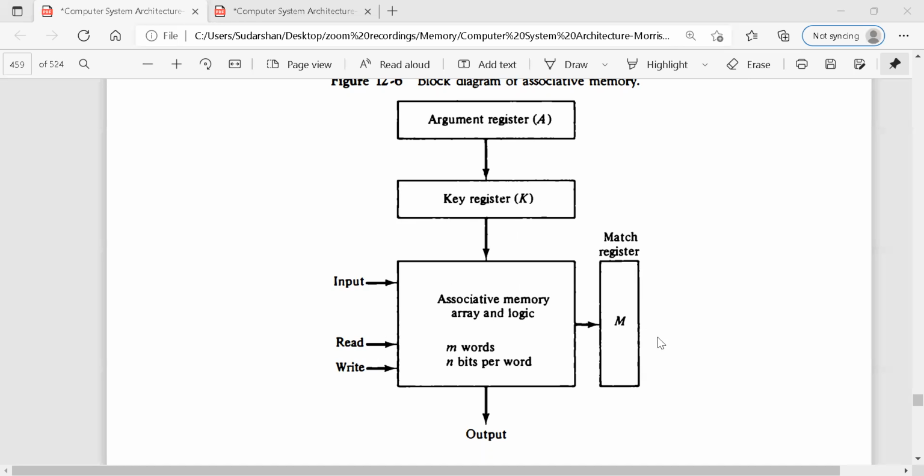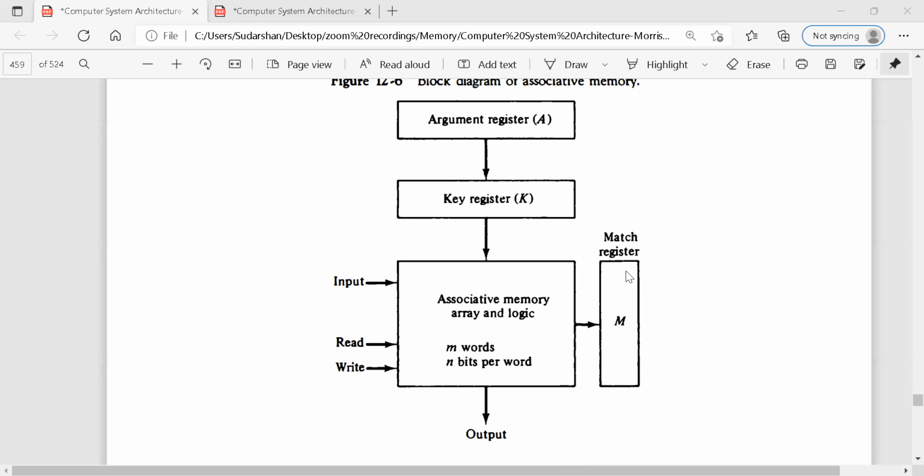The match register will be an m bit register. Each bit of the match register is equivalent to the corresponding word in your associative memory. For example, the first bit represents word 1. The second bit of the match register represents word 2. The third bit represents word 3. The ith bit represents word i. And the mth bit represents word m.